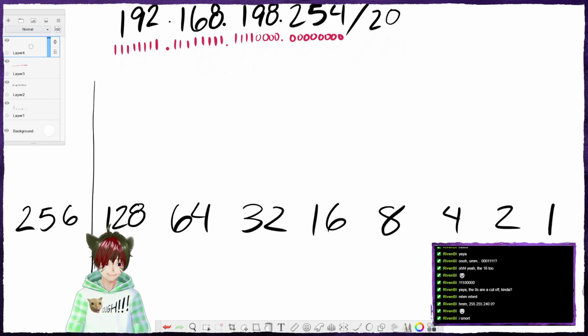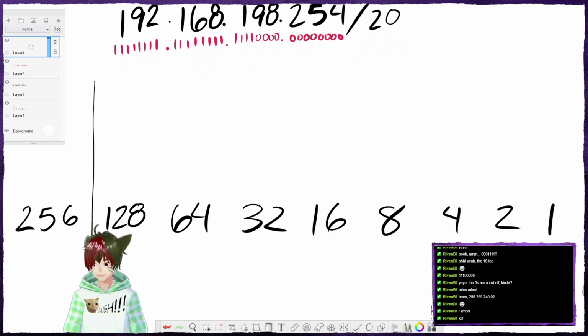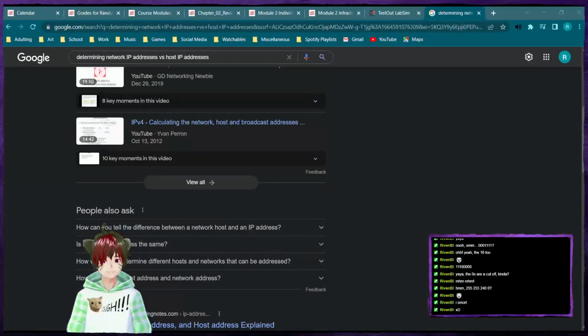I'm trying to figure out where that one setting is where I can see. Oh, studio mode. Oh, yeah. All right.